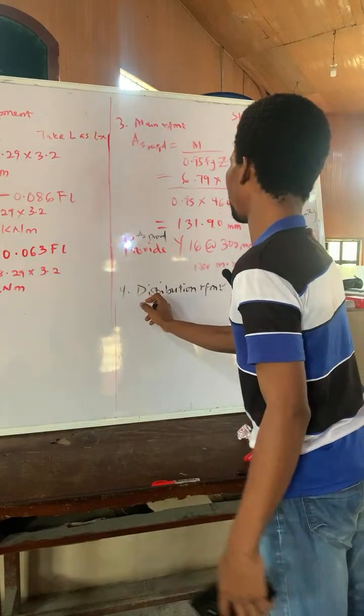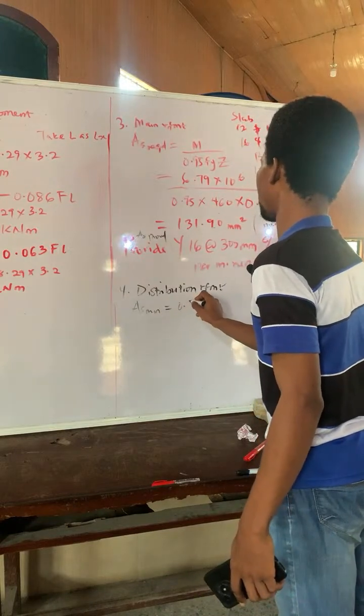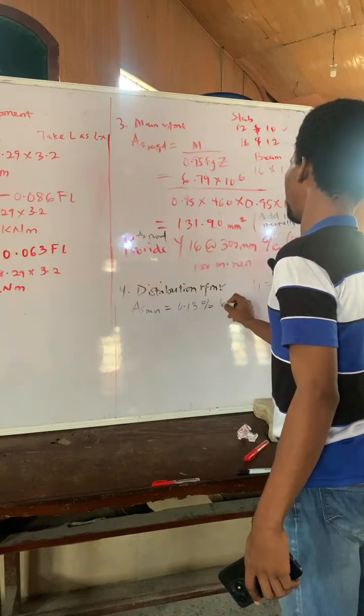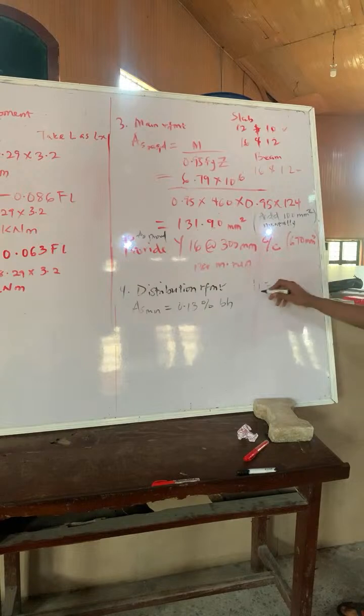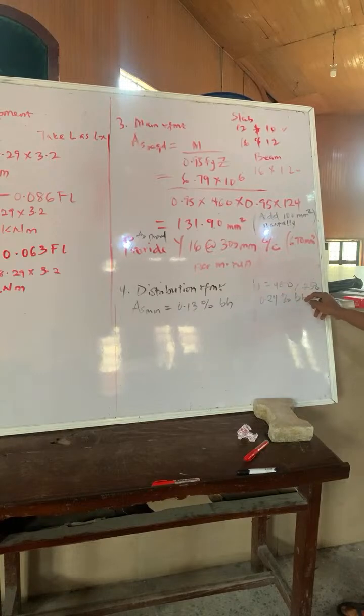So the formula will be As minimum equals 0.13% of bh. If the question gives our fy as 250, we will use 0.24% bh.